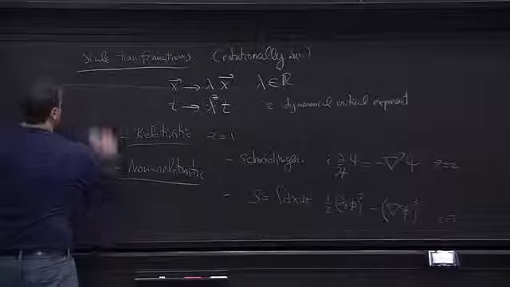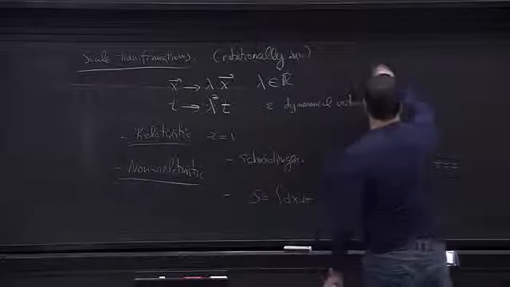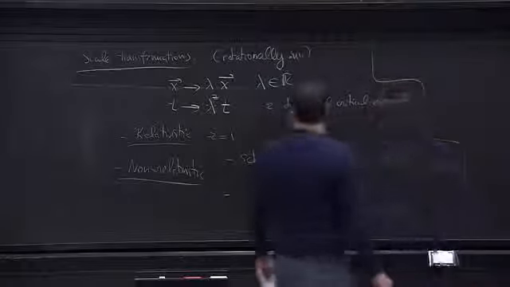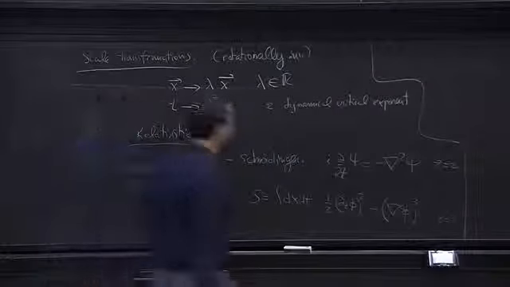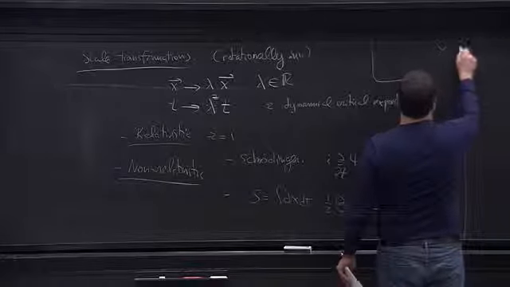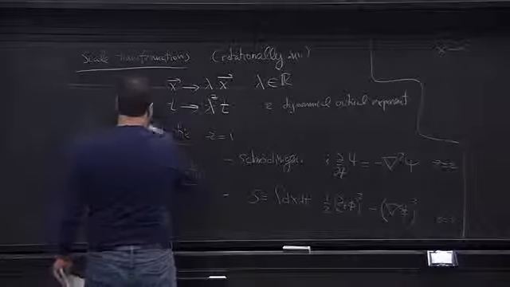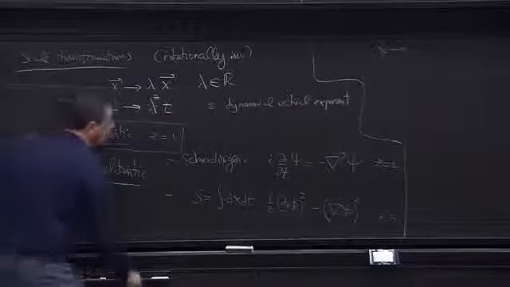So this is an example of a conformal transformation that you're very familiar with, at least intuitively, what it means to zoom in and zoom out. More generally, a conformal transformation is a space-time transformation. So, okay, from now on, I'm just going to talk about relativistic theories, so not to derail too much.